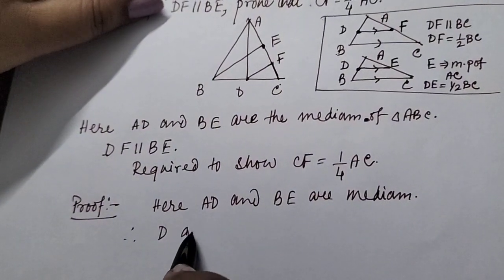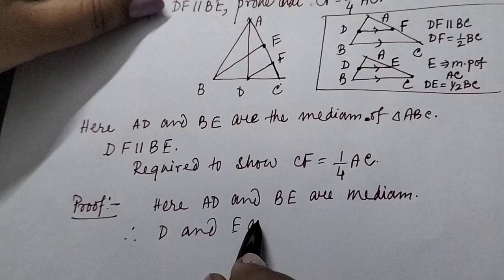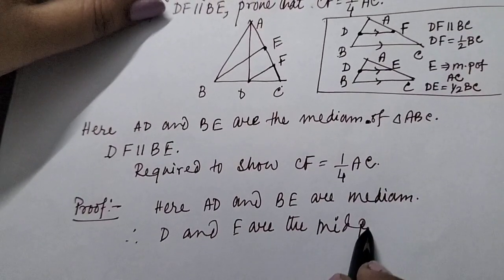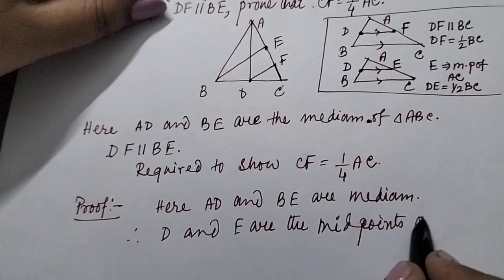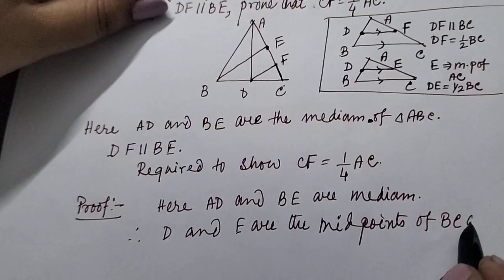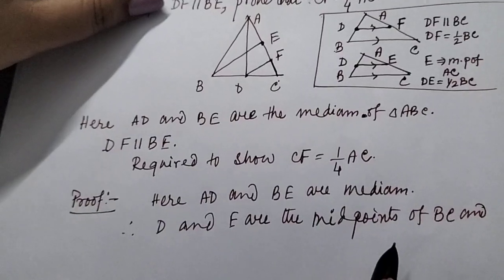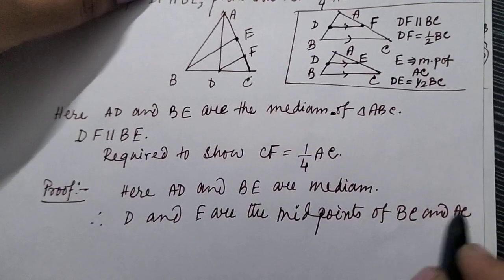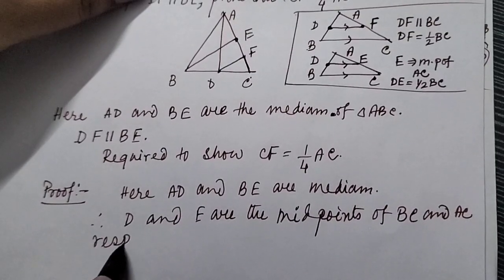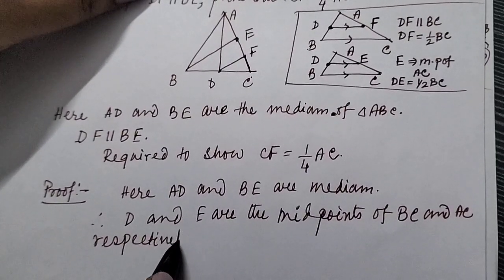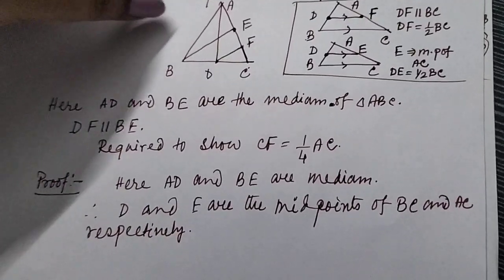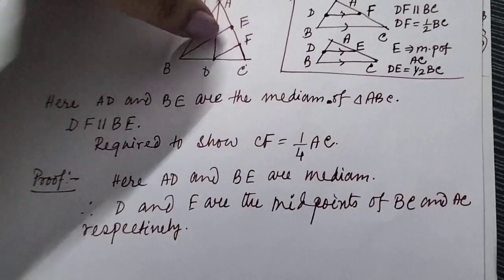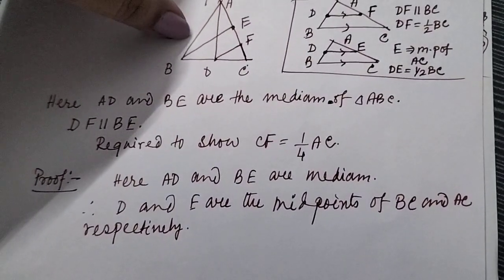So D and E are the midpoints of BC and AC respectively. So here D is the midpoint of BC and E is the midpoint of AC, right? As they are the medians.